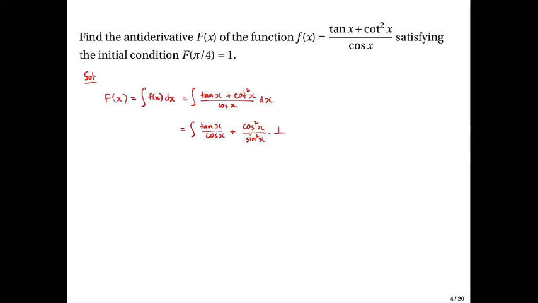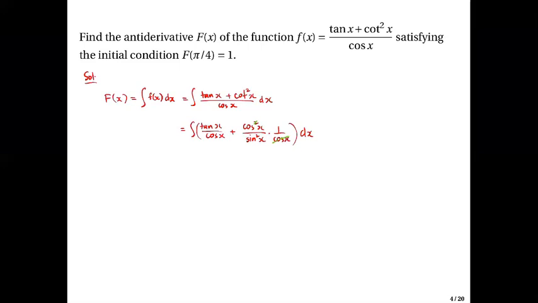That's for your cotangent squared x. And then we still have that 1 over cosine x, and then we have the dx. So we can cancel one of the cosines in here and the cosine in here.